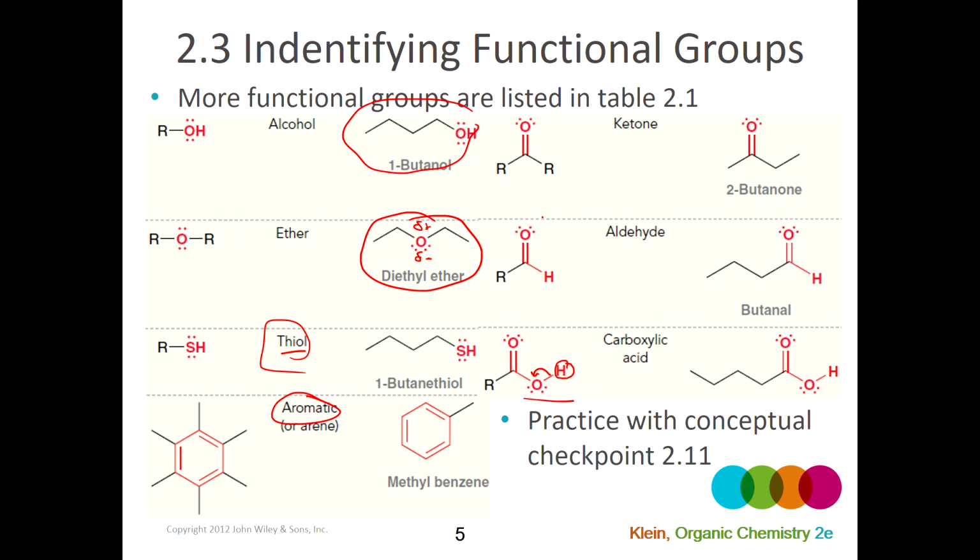And you should also start to recognize that the letter R is the most commonly used letter just to represent a generic grouping of carbons. So R is typically one carbon and as many hydrogens as it needs to make its noble gas configuration, 2 carbons, could be 3 carbons, could be 4 carbons. R could generally represent any number of carbons.